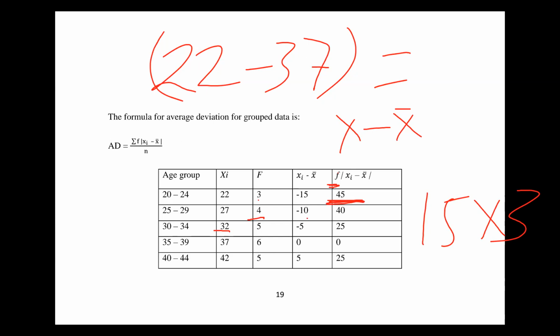These two bars mean absolute, which means the answer should always be positive. So 5 times 5 is 25. 6 times 0 is 0. That is how you have found this column, okay? That's how you find this other column here.